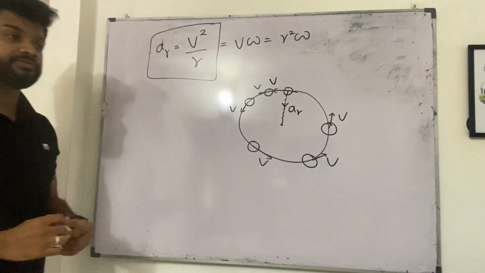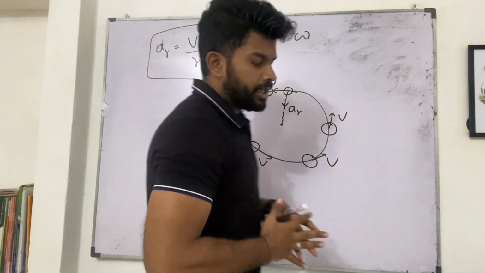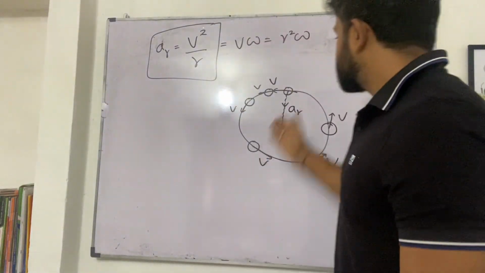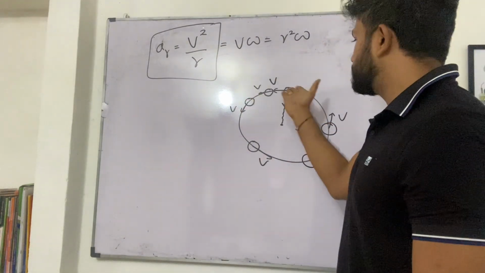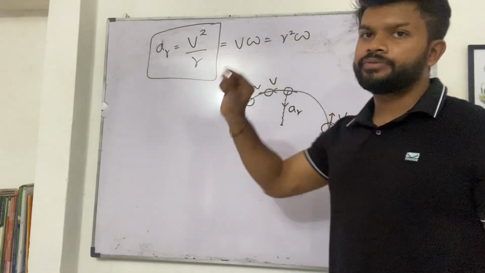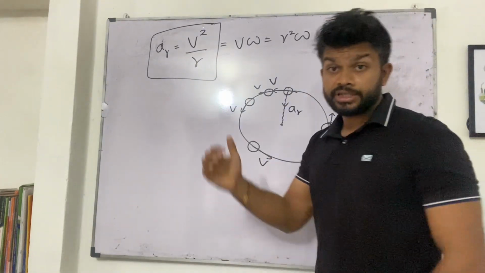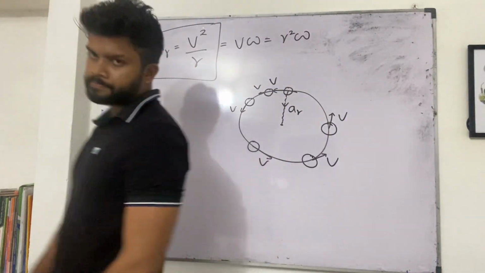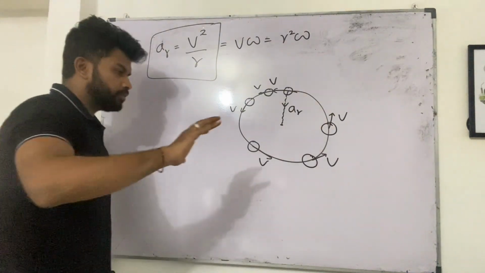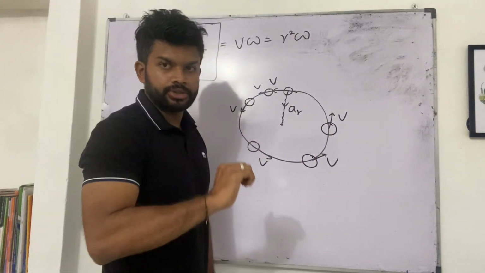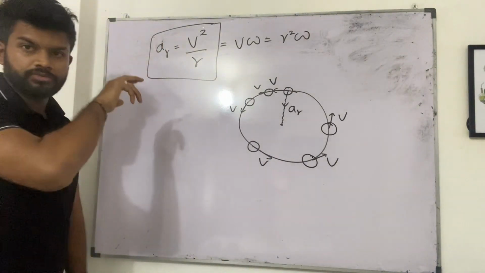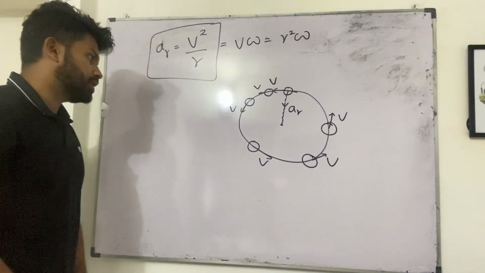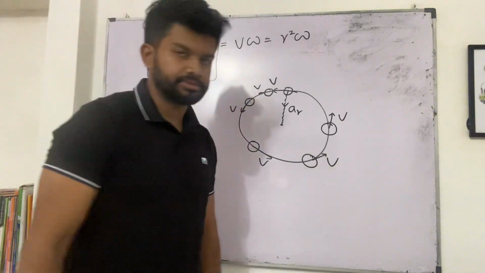This is the centripetal acceleration, which means in order to complete this circular motion, a centripetal acceleration towards the center is required. Now, let's use the vector method to derive this known equation for the centripetal acceleration.